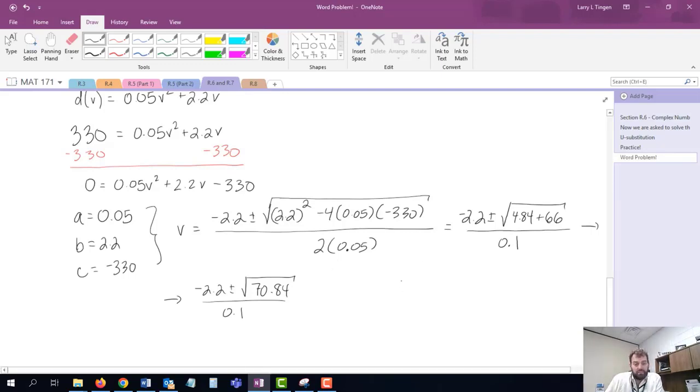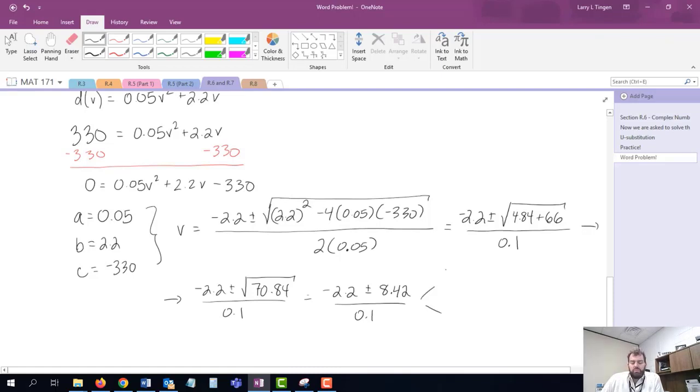Yes, I'm rounding heavily here, but again, it's an application problem, so that's okay. So I'm going with negative 2.2 plus or minus 8.42 divided by 0.1. This splits into 2 problems, right? That plus or minus means I got 2 answers here.